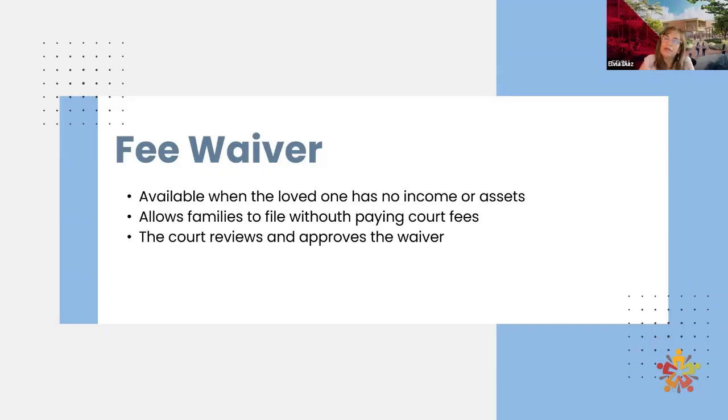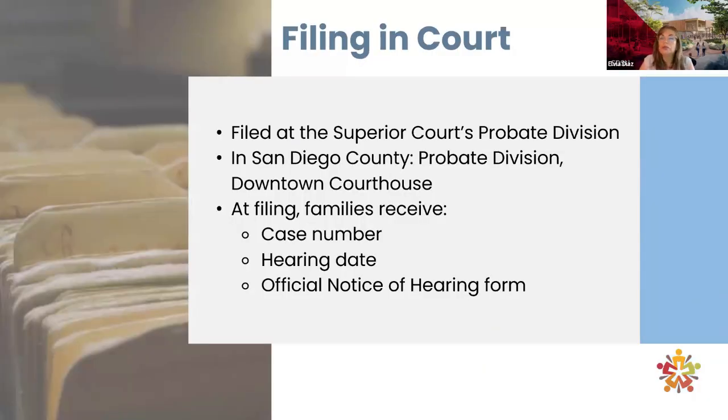The cost of the process can vary; from what I'm told and according to our research, it can be from $400 to $800, depending on the case. So if you have an opportunity to waive that because your loved one has Medi-Cal, it's a good idea to have a fee waiver.